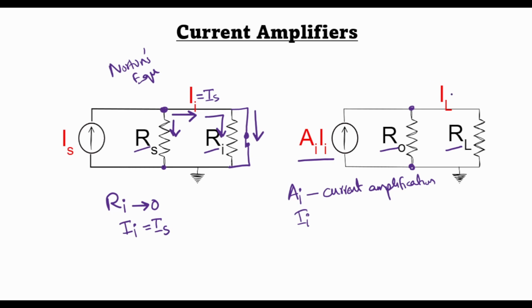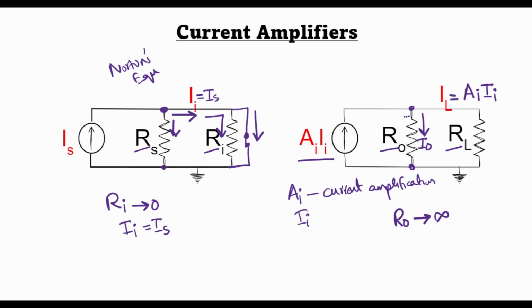At the output, we want all of this load current to become equal to the current amplification factor times the input current. Therefore, we don't want any current I0 to flow through the output resistance. And this you can easily see will happen when the output resistance approaches infinity.